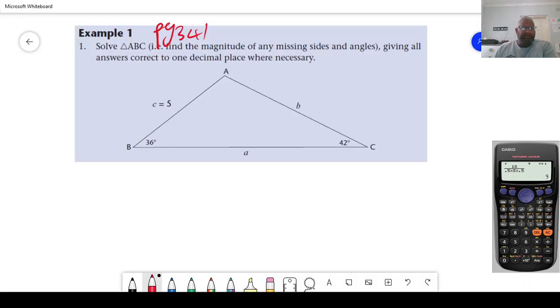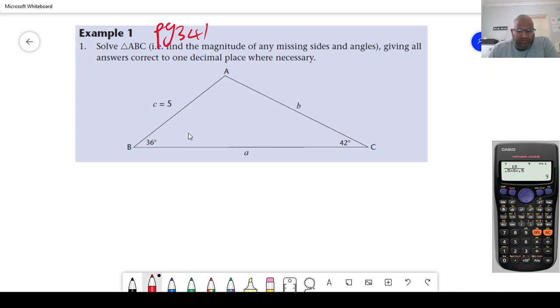Now we're looking at example 1 on page 341. We are told to solve triangle ABC. If it says solve triangle ABC, you must calculate all the lengths of the missing sides and all the missing angles. Give all answers correct to one decimal place.